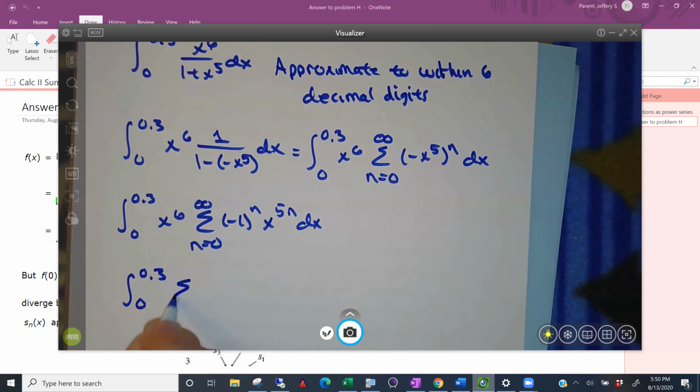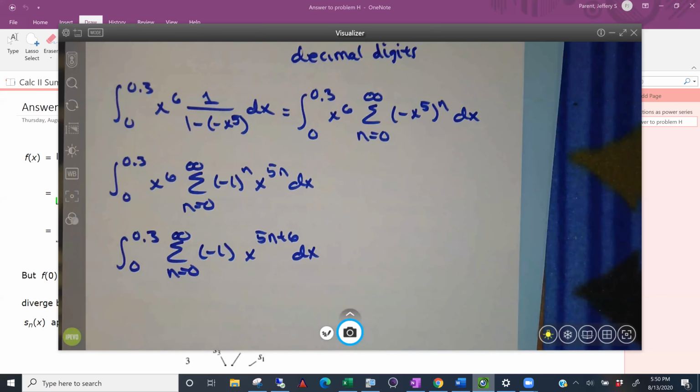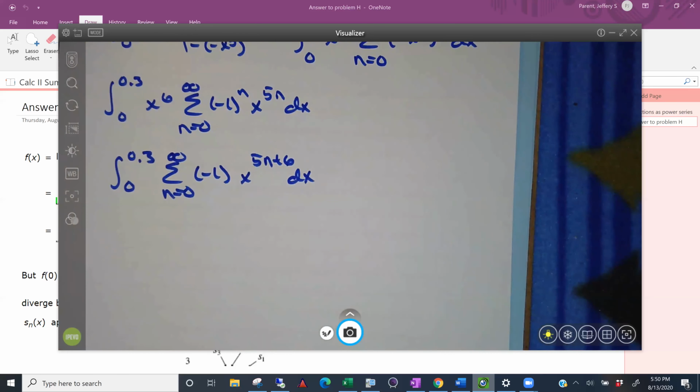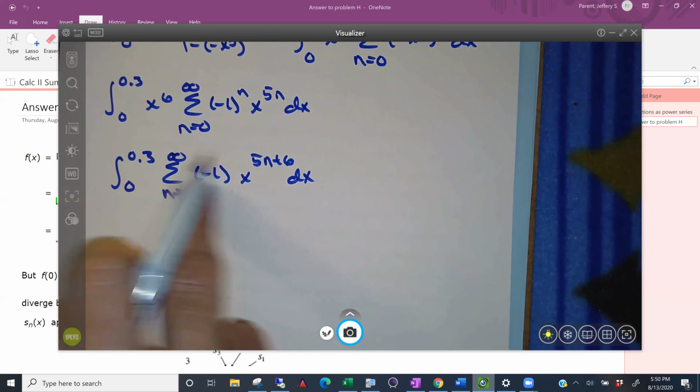So it's going to be the sum from n equals 0 to infinity of -1 to the n times the integral of x to the 5n plus 6 dx. Now I can finally gain some ground on this. I can interchange these operations.